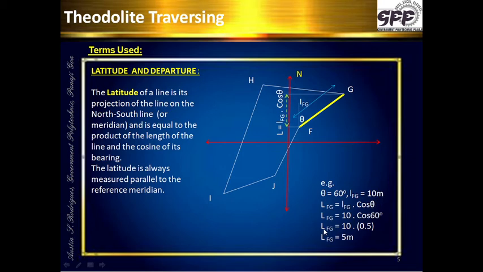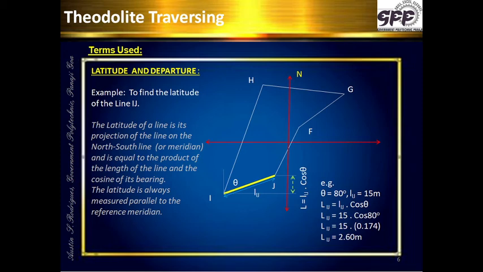So the latitude of FG is 10 into cos of 60 degrees, which is 0.5, so the latitude of FG is 5 meters. That means the projection of this line on this vertical axis is equal to 5 meters, or the latitude of the line FG is 5 meters.